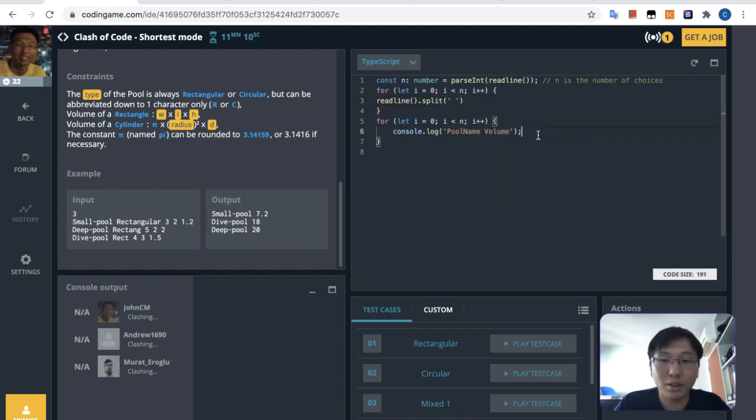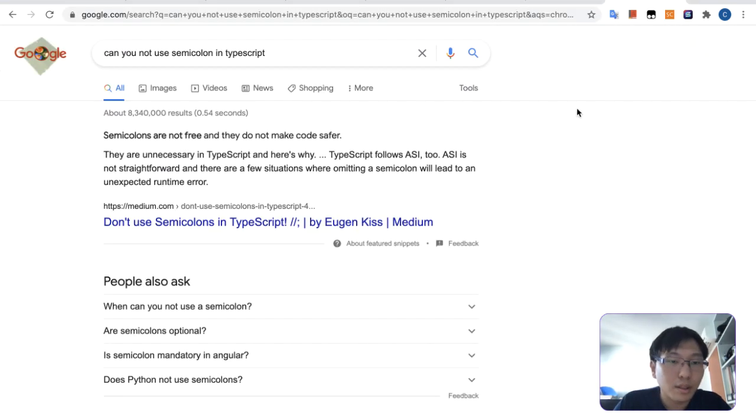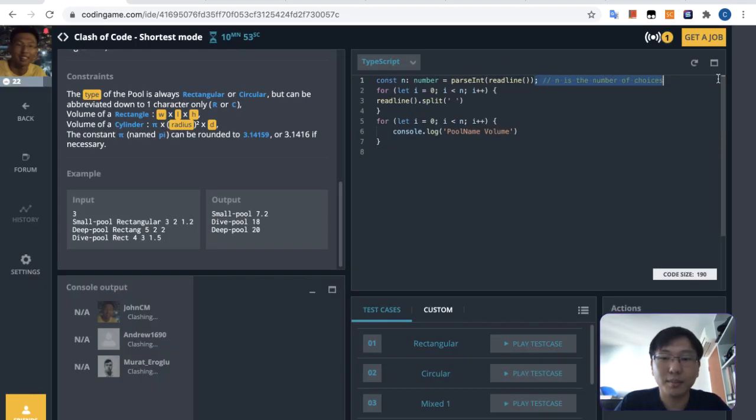Can you not use semicolons in TypeScript? Don't use semicolons. Yeah, made it quite clear. Okay, so we have a constant n here, which we could just do like that, readline.